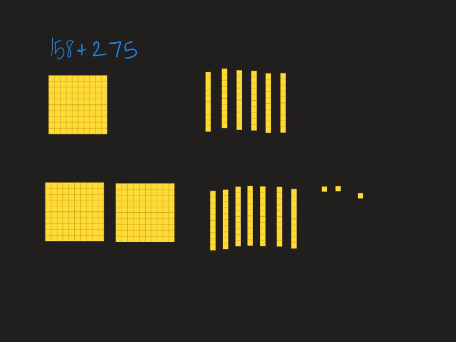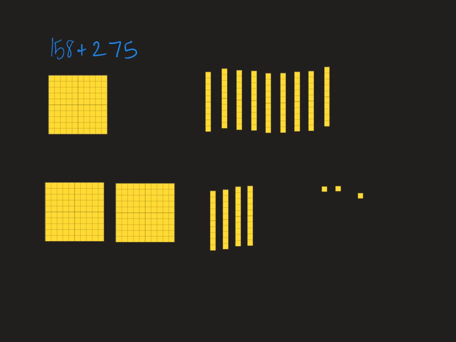So as I start to add them together, I know that when I get to 10 unit strips, that's going to give me my mat. So I've got 6, 7, 8, 9, and 10. 1, 2, 3, 4, 5, 6, 7, 8, 9, 10. I know that when I have 10 of them, it's going to make one of my unit mats.